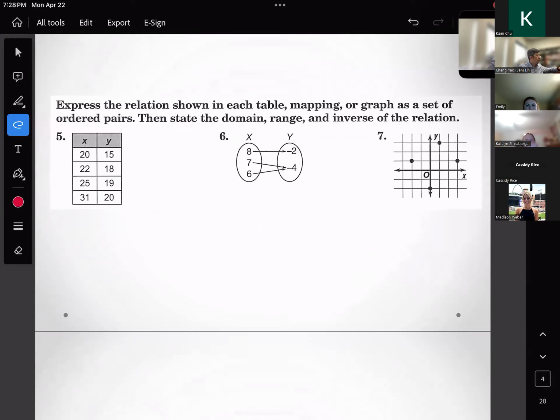Now, can you take a minute to do number 5? Find the pairs, find the domain, find the range. Take a minute, do the problem, okay?